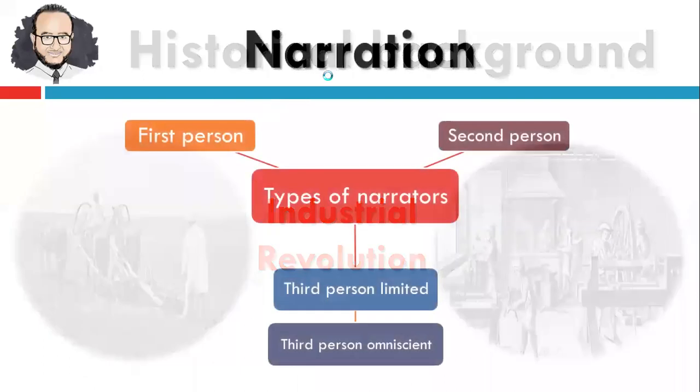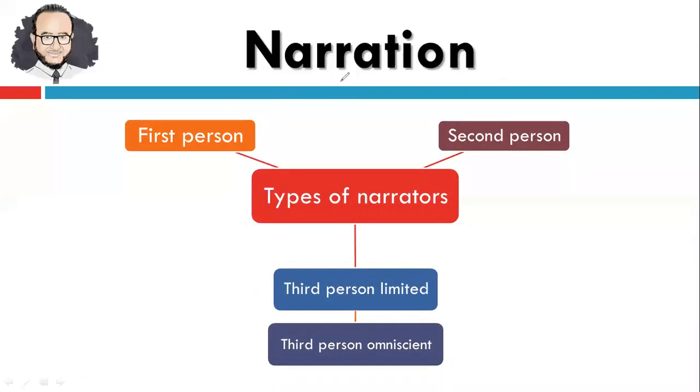Okay, if I talk about the narration of the novel, I'm talking here about three types of narration. I'm talking about the first person. In the first person, I'm using some pronouns like I, me, my, and mine. Okay, why is the novelist going to use the first person narrator?